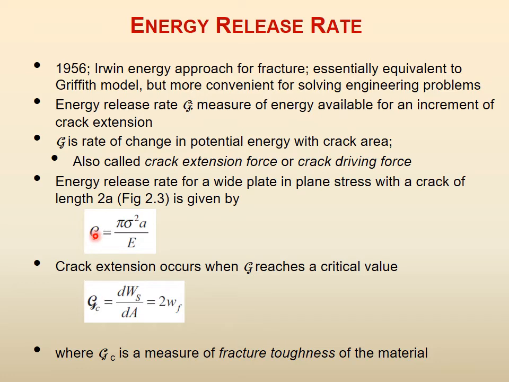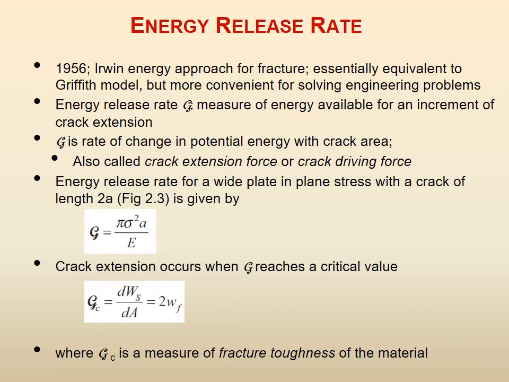So if you define energy release rate like this, then if you define a critical energy release rate like this, then the remarkable thing, again without any derivation, is that this GC is also a measure of the fracture toughness of the material. This is remarkable.